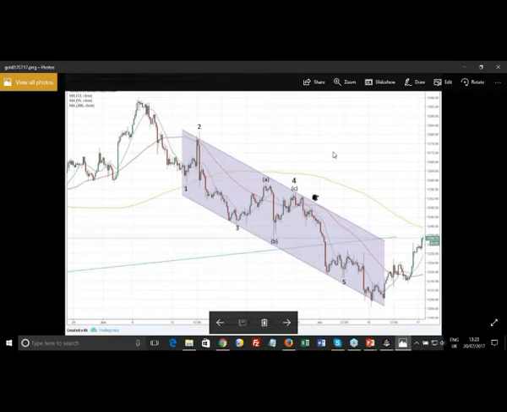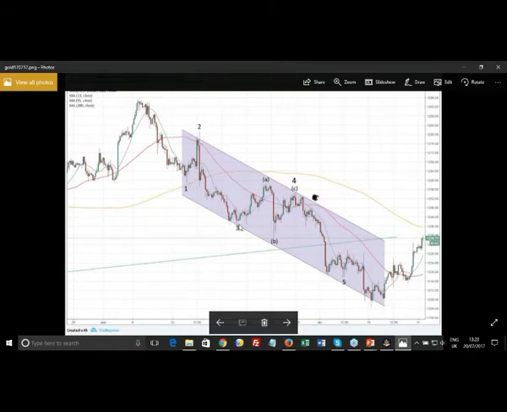Now this is a chart of gold, okay, and gold is in a downtrend. So because it's in a downtrend, it should go down in 5 waves. So what we have here is the first wave. Then we get the bounce for the second wave.